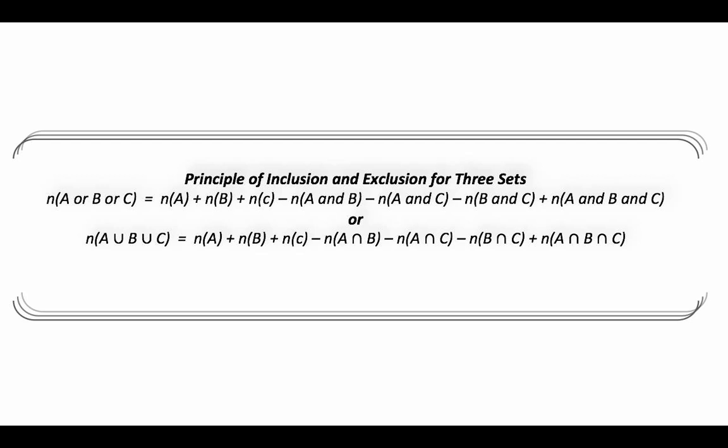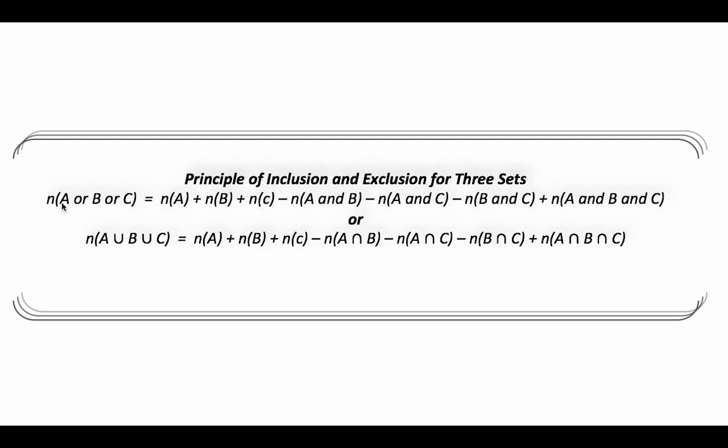So when we come to the formula for the principle of inclusion and exclusion for 3 sets, we see a very large formula. There's no need to be worried about this because it's very, very simple to follow along. We have basically the union. What's in all 3 of the sets?